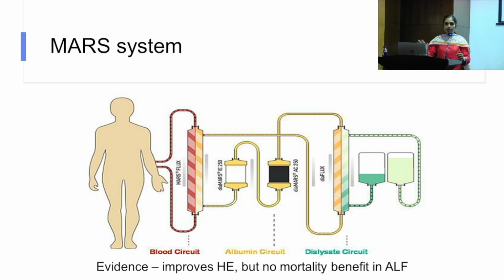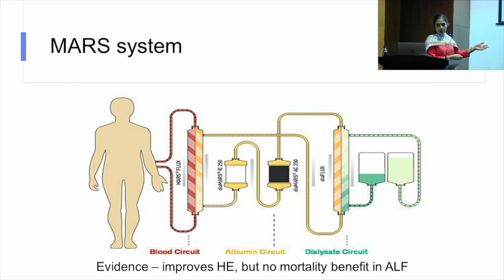So I'll just show you, this is a MARS system. There are three circuits: a blood circuit, an albumin circuit and a dialysate circuit. The blood runs alongside the albumin circuit. The albumin takes out all the toxins, and then rather than infusing new albumin, this albumin is recirculated.